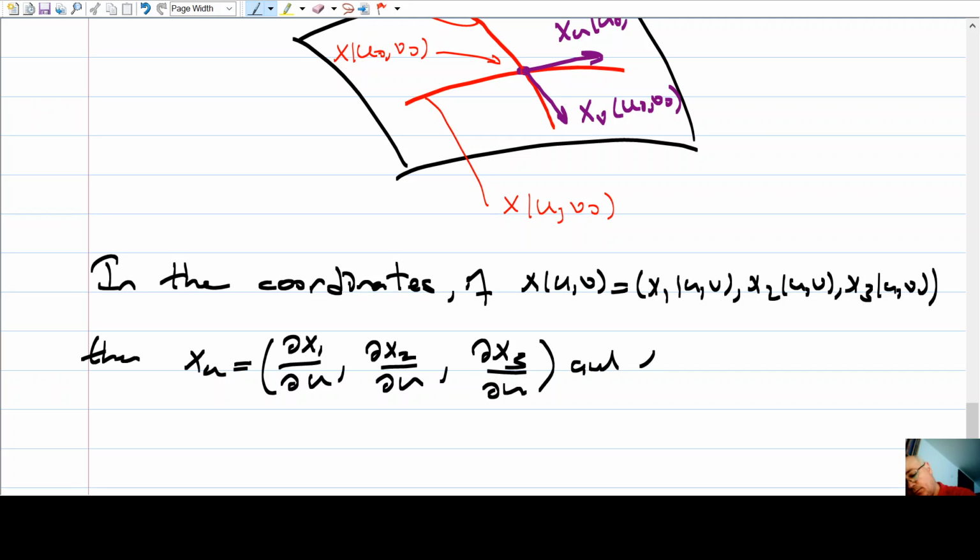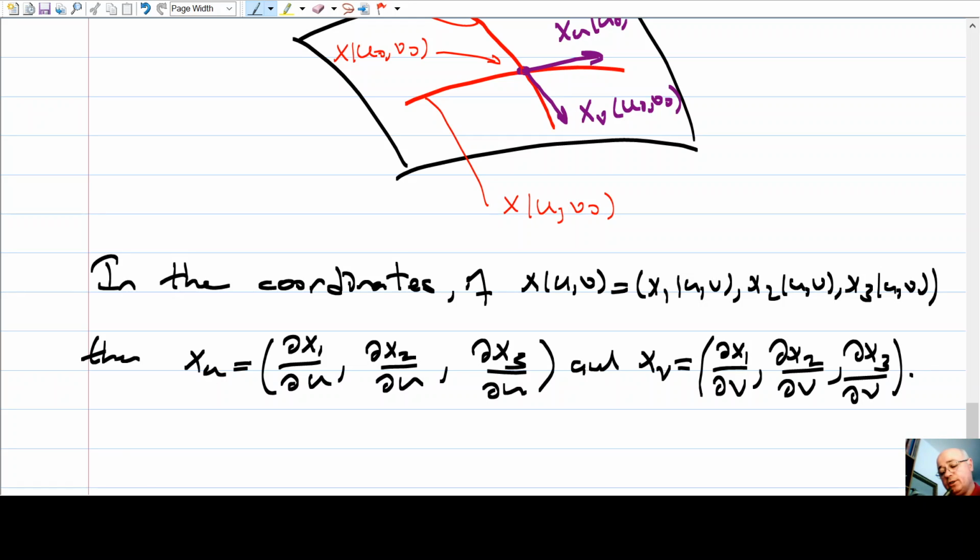And the velocity vector x sub v is just del x1 del v, del x2 del v, and del x3 del v. So these are the coordinates of the velocity vector x sub v.